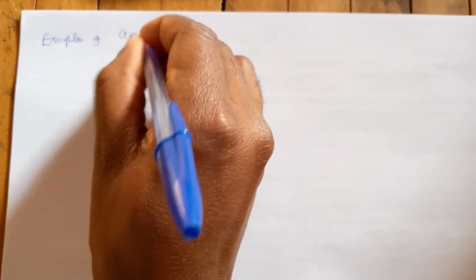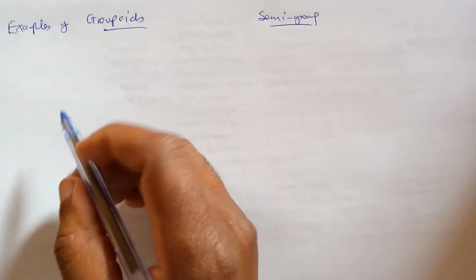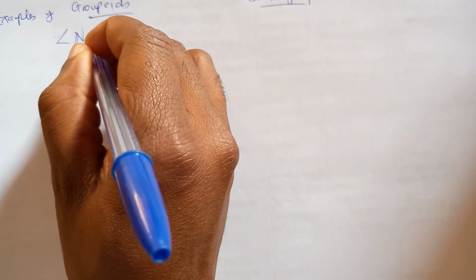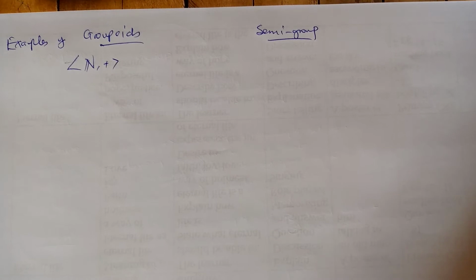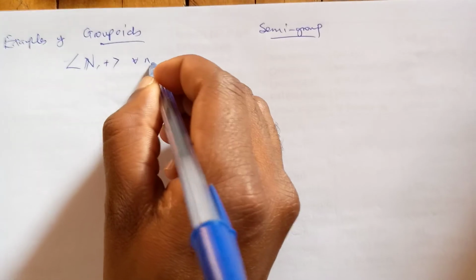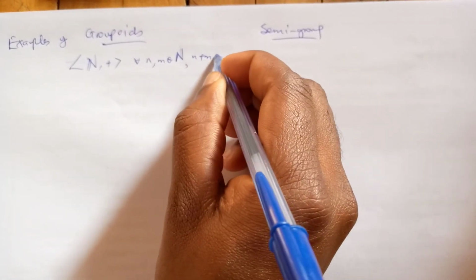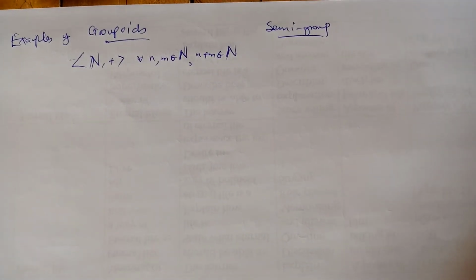Okay, now let's look at examples of groupoids and semigroups. A groupoid would be, if we take this algebraic structure, the natural numbers under addition, it is clear that it is a groupoid, because for all n, m in the natural numbers, n plus m will be in that set, which is closure being defined.